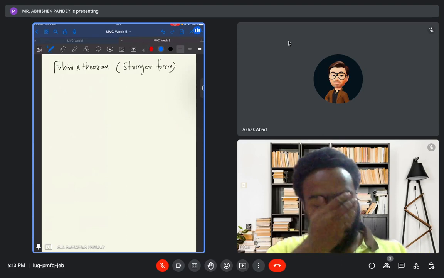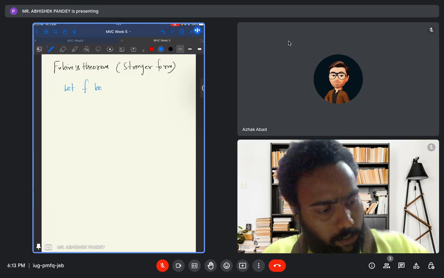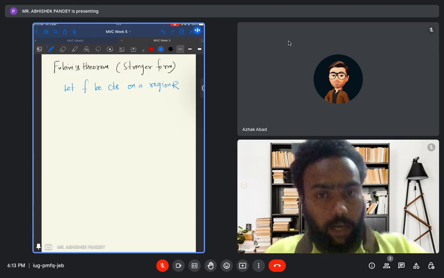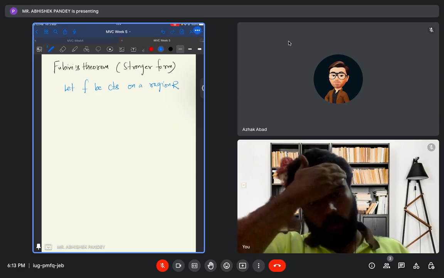Let f be continuous on a region R. Now R can be of two forms.